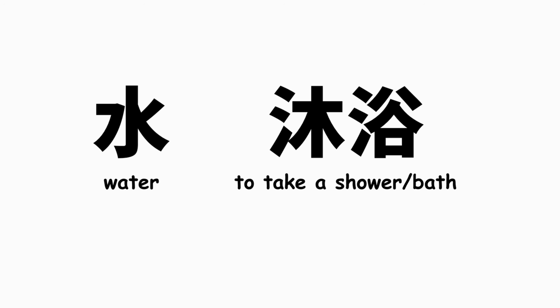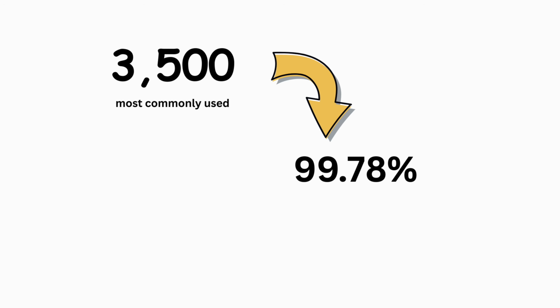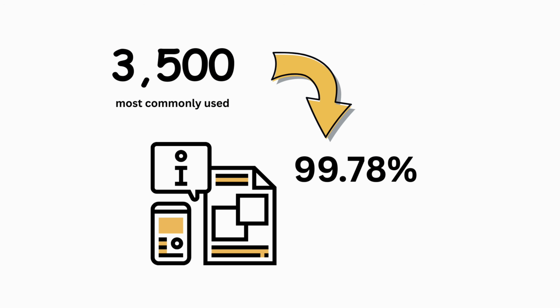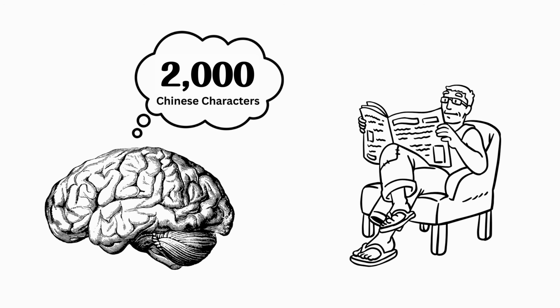Some characters are words on their own, while others need to be combined to form words like 沐浴, which has 2 characters. Anyway, 3,500 characters will let you understand 99.78% of written Chinese.